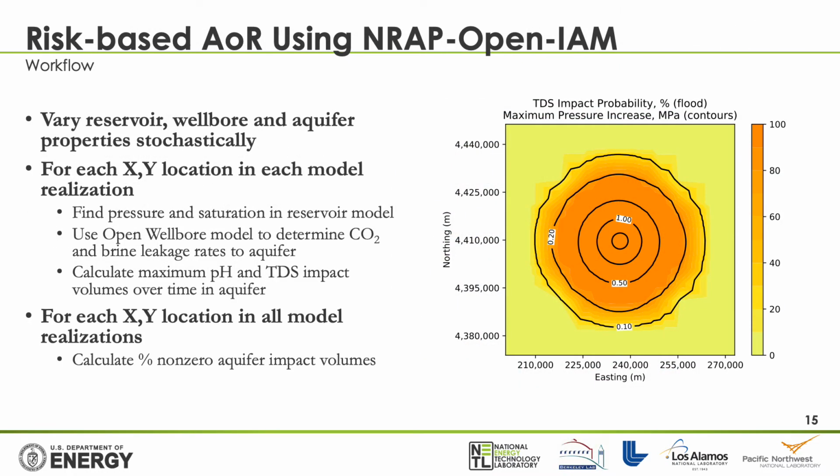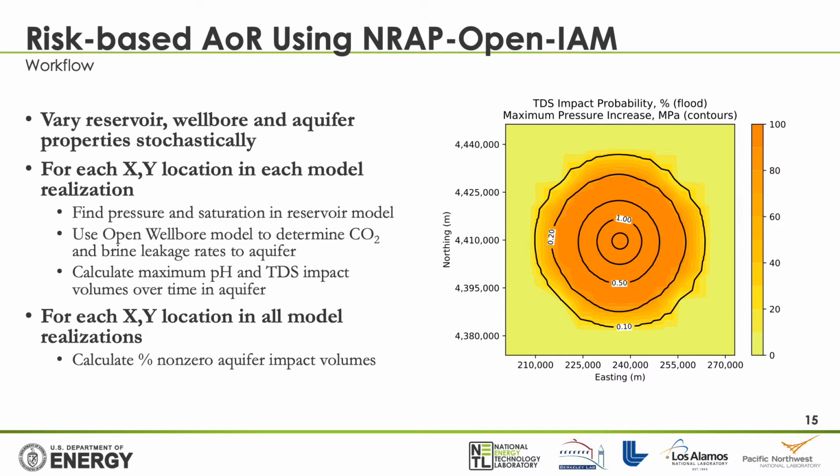This is the workflow for calculating a risk-based area of review using NRAP OpenIAM. First, run the integrated assessment model, varying reservoir, wellbore, and aquifer properties stochastically. For each XY location in each model realization, calculate the maximum pH and TDS impact volumes over all simulation times.